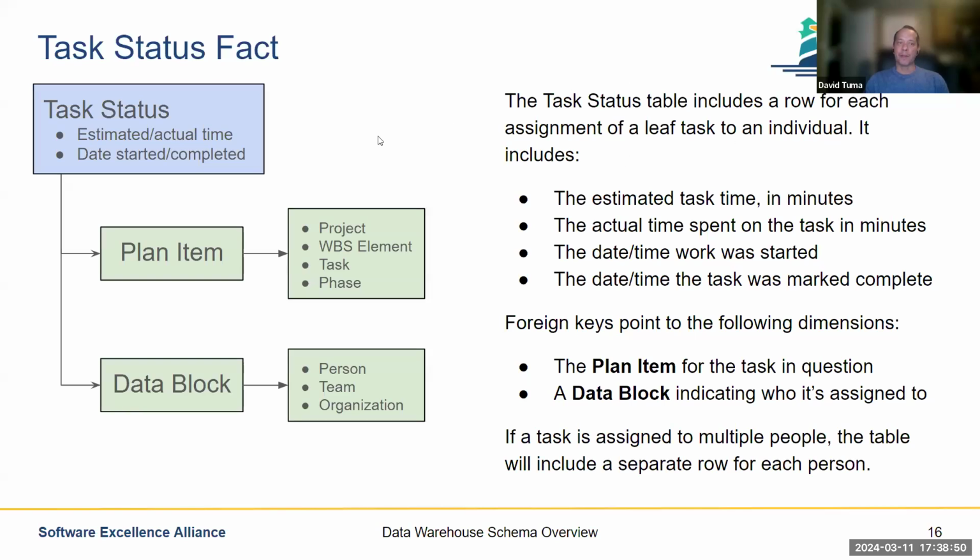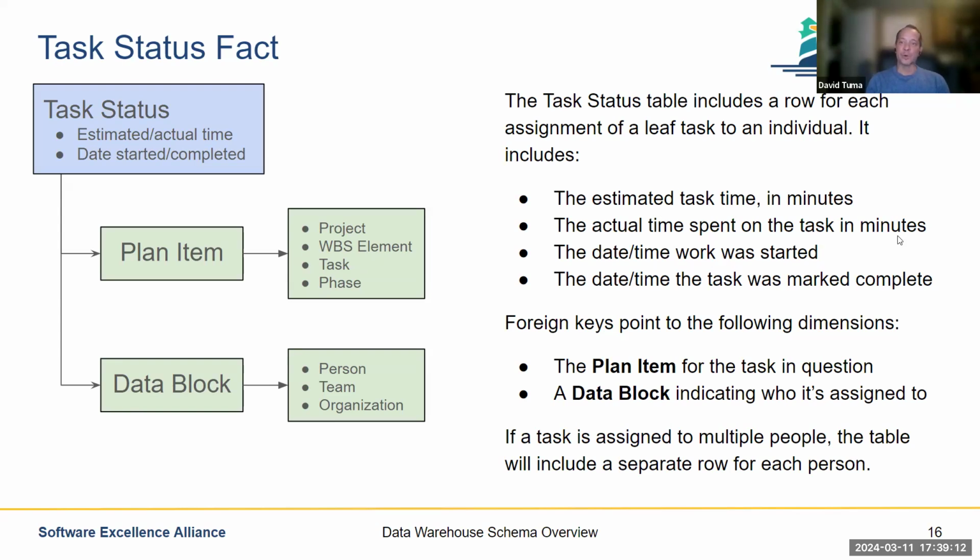A task status has the estimated time that person planned to spend on the task in minutes, and the total actual time they spent on the task in minutes, which we could have gotten from aggregating the time log, but it's included here so we don't have to do as much work in our queries.